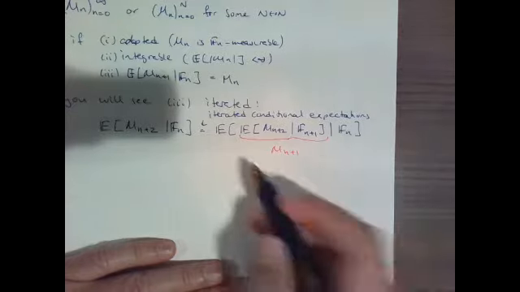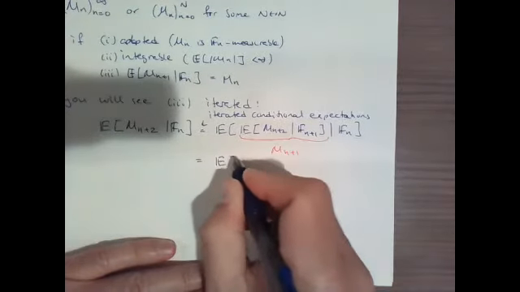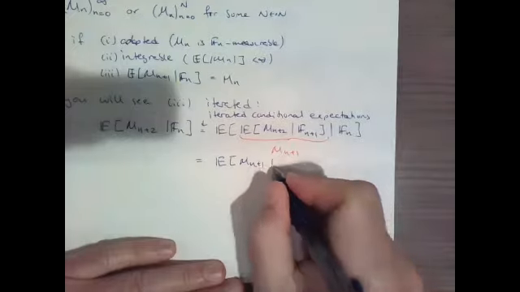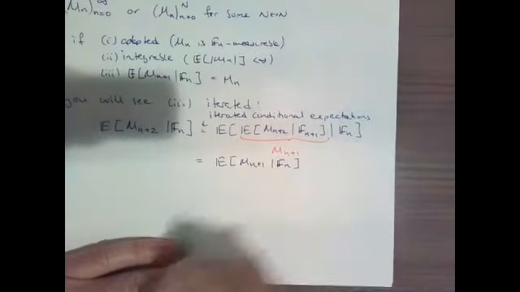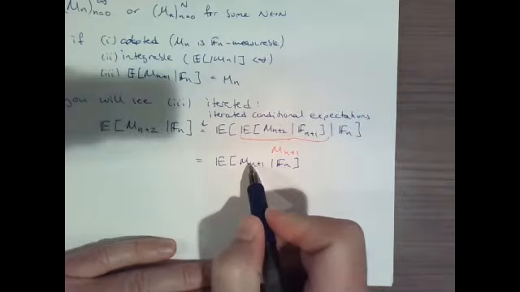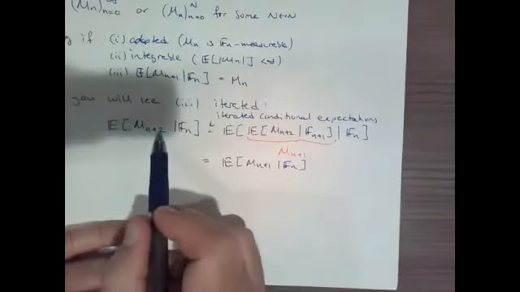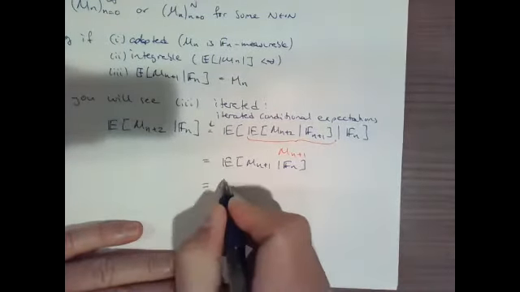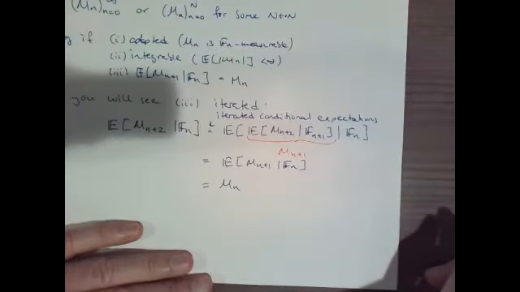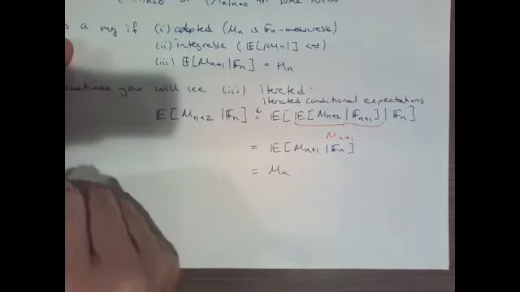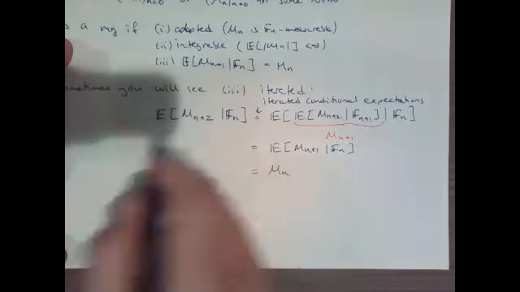So then I'll have the conditional expectation of M(n+1) given Fn, because that was the inner conditional expectation. What it allowed you to do is to swap out n+2 for n+1, and then you'll get Mn. So you can keep doing this, you can put anything you want here.